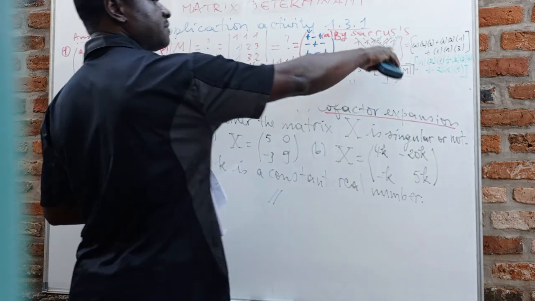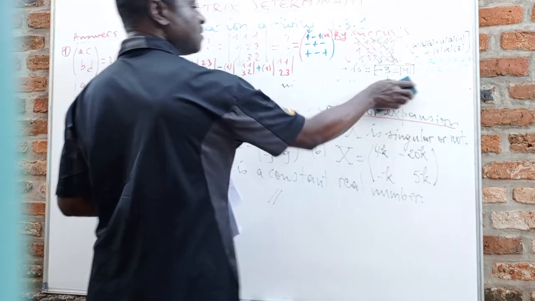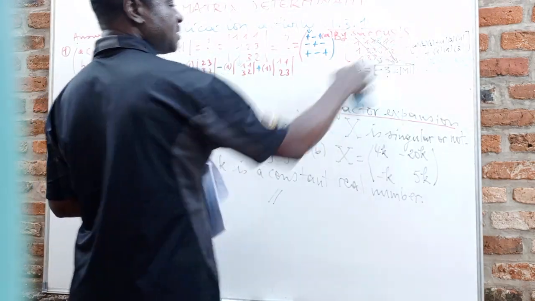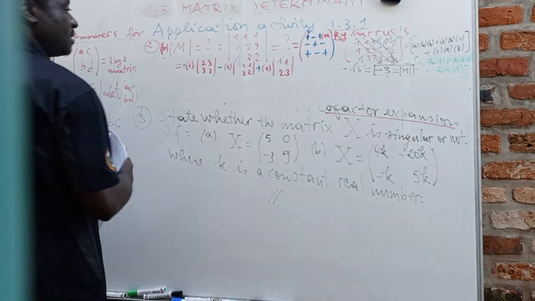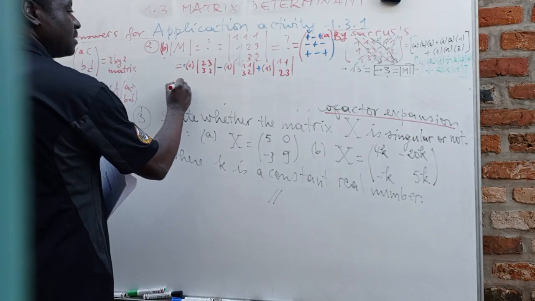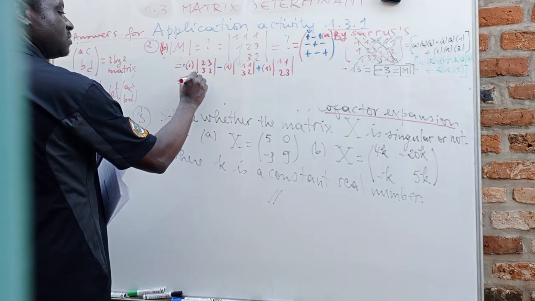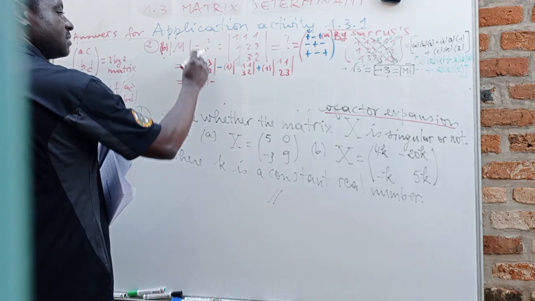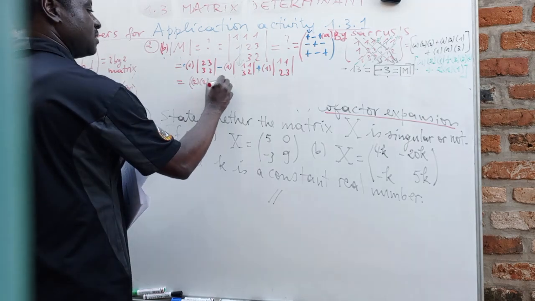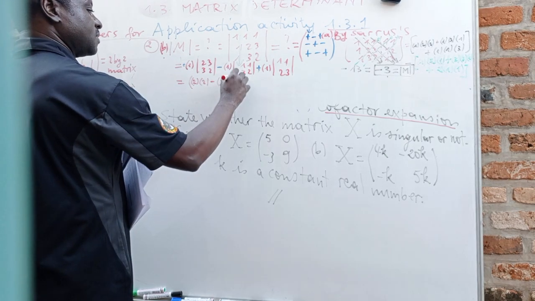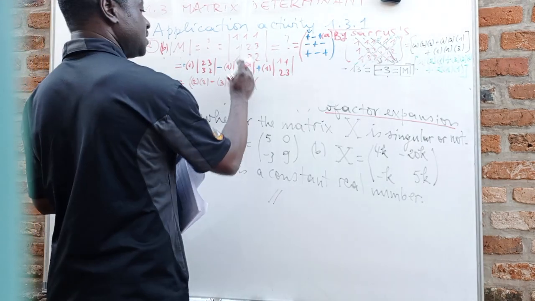The first method, Sarrus, gave -3, so we are expecting to get the same number by the cofactor expansion method. Now, what we got here: multiply by 1, no change. We have 2 times 2 minus the secondary diagonal, 3 times 3. So that is the first term. Second term, multiply by 1, no change.